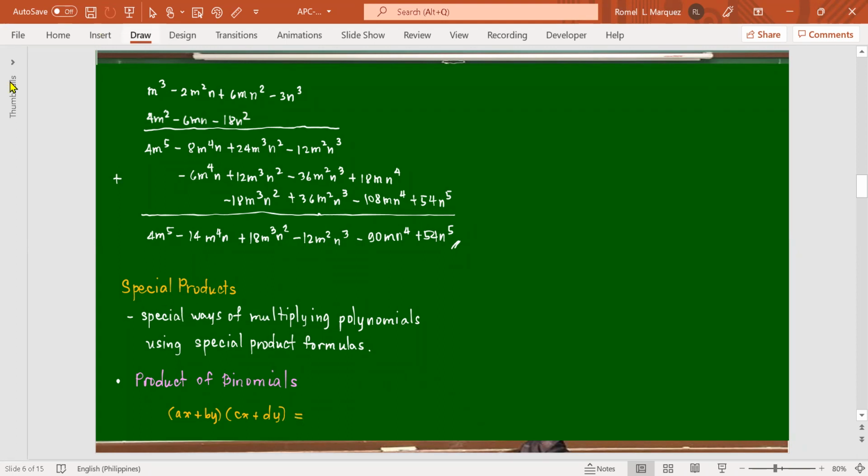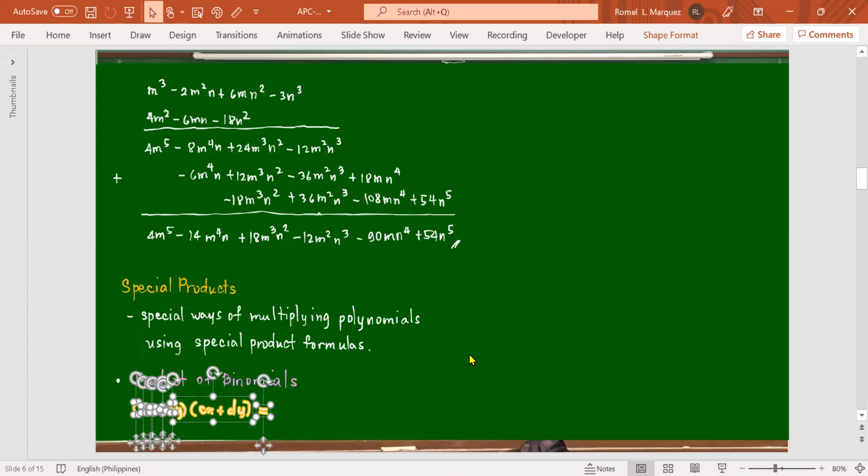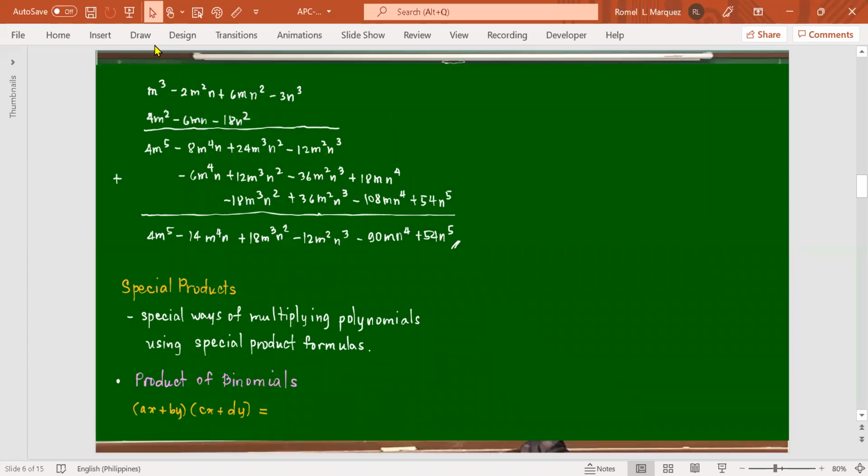You're not going to use the long method this time. You do the multiplication by inspection. Special product is a way of multiplying by inspection, making use of a pattern or a formula.